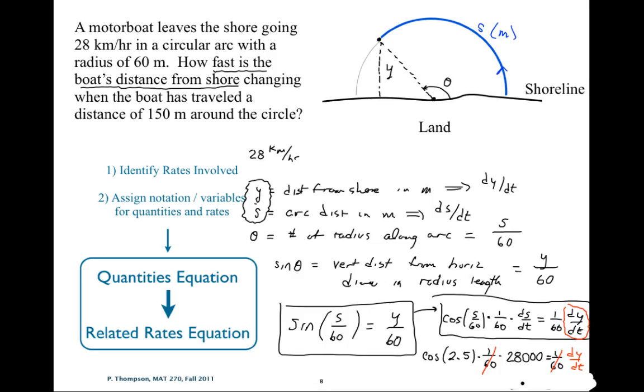What do you get? Coming back up here to the top: cosine 2.5 times 28,000, if I did all the math right. As soon as you get it, just say it.